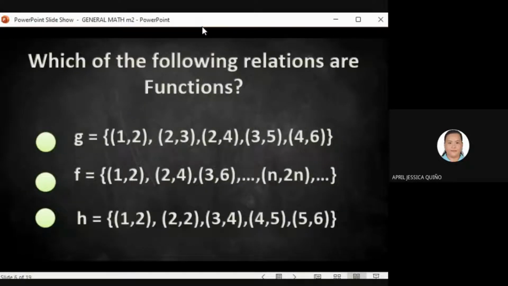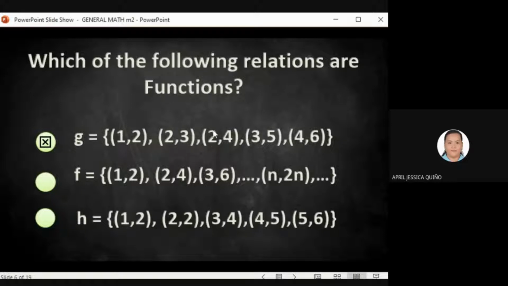Here, let us try to answer the following, mga anak. For set G, can we consider this as function or is this just a relation? Tama, this is not a function. Why? It's because as you can see, naulit yung ating x which is 2.